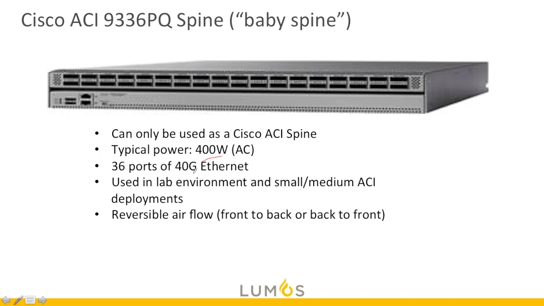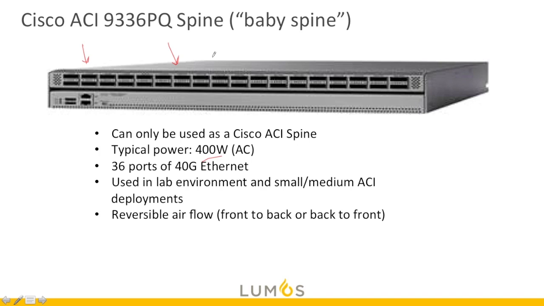We can certainly, with 2 of these, support a large number of leaves with all these 40 gig ports. They cannot be broken out into 10 gig ports because all connectivity between the leafs and the spines is 40 gig or better. And again, this can only be used as a spine.